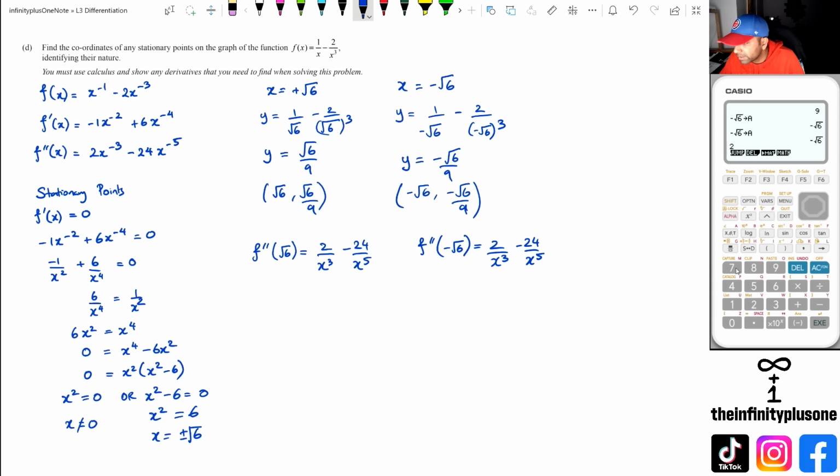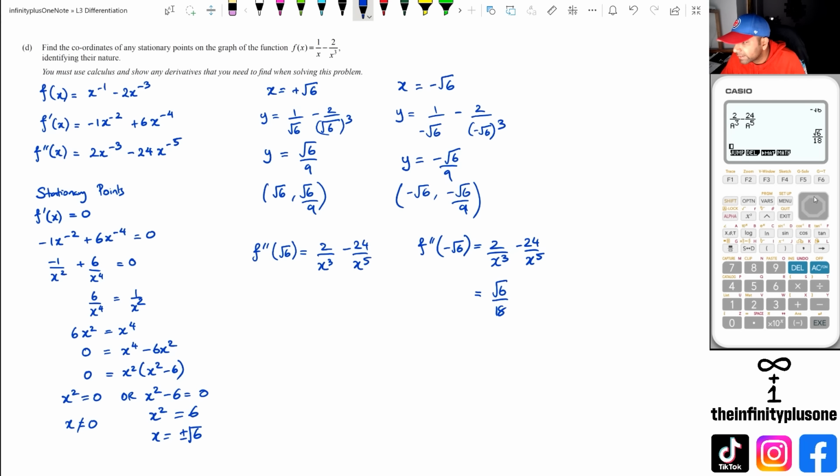We're going to go 2 over alpha A to the power of 3 minus 24 over alpha A again to the power of 5. Now remember, alpha A was negative square root of 6. So in this case, I am getting positive square root of 6 over 18.